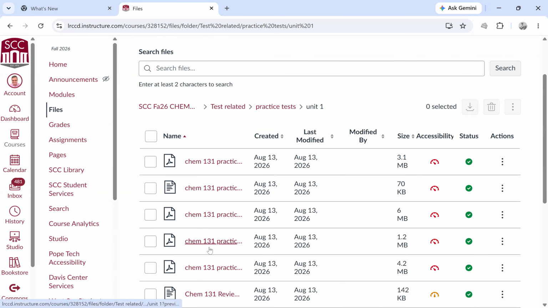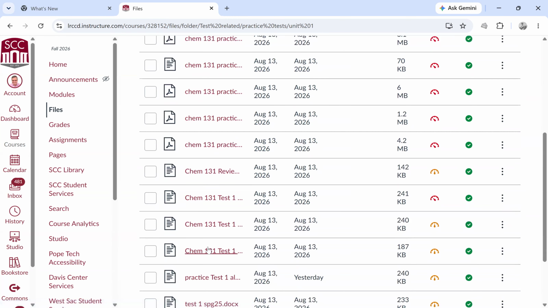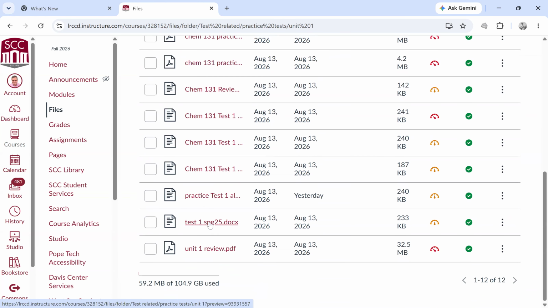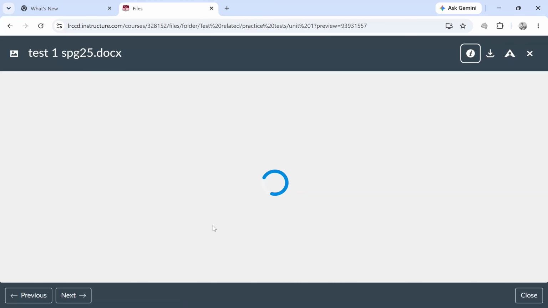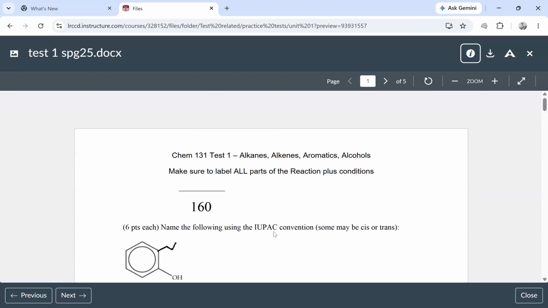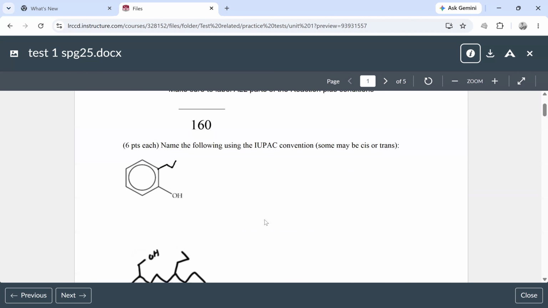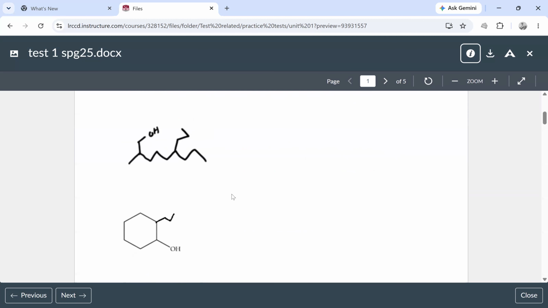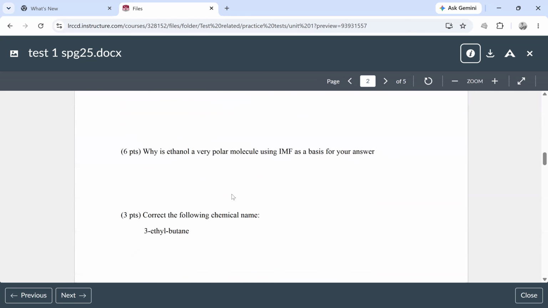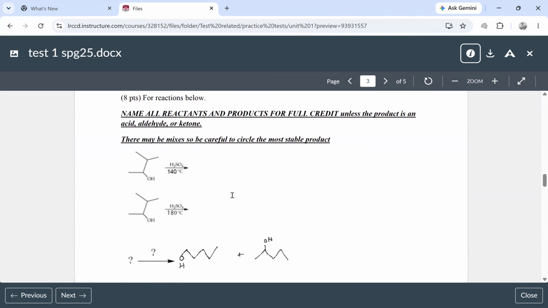Now, this Chem 131, that is the equivalent class up in Tacoma, where I used to teach this class. And some are docs, some are PDFs. So name it, all names. Reactions.